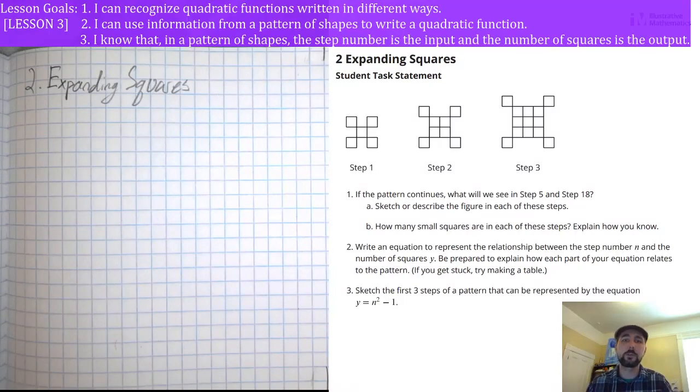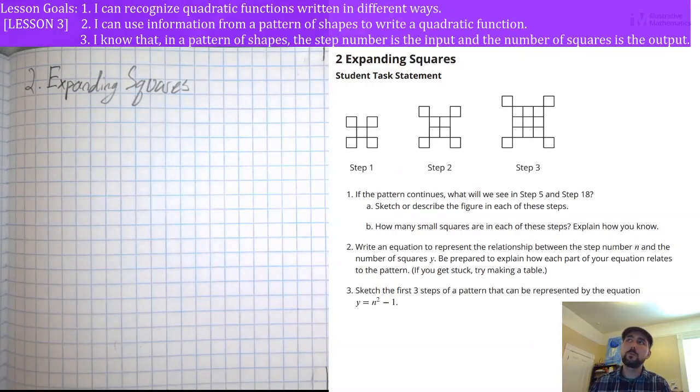So pattern of shapes are the patterns right there. This is a pattern of shapes. We call them pile patterns or tile patterns, but those are the shapes we're talking about. And apparently we're going to use them to write a quadratic function. Number 3. I know that in a pattern of shapes, the step number is the input and the number of squares is the output.